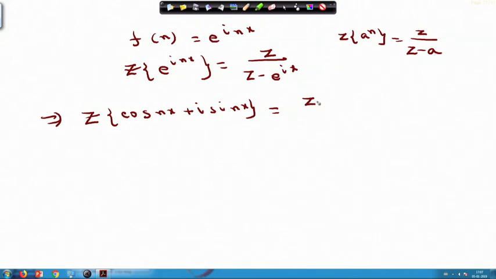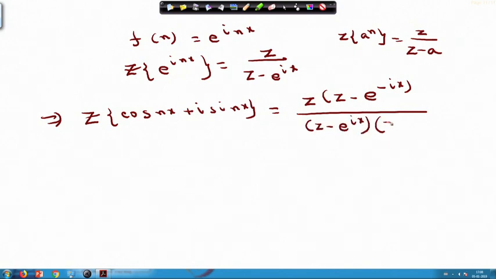This equals, I can write down z into z minus e power minus i x. I am multiplying on both sides, so that z minus e power i x into z minus e power minus i x. On the numerator you will have z square minus z into e power minus i x.